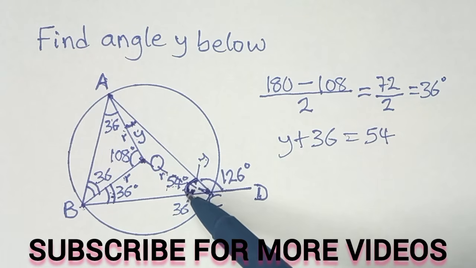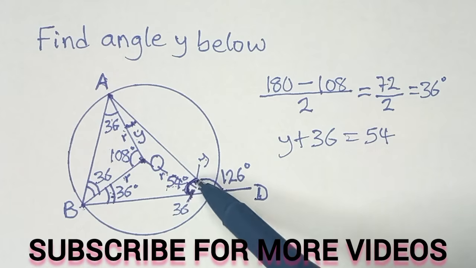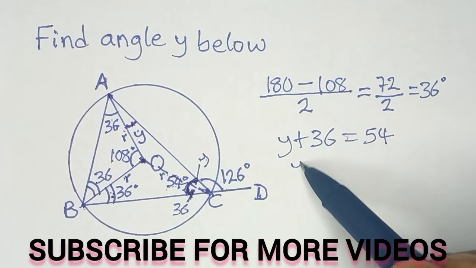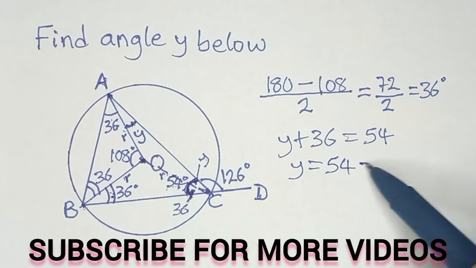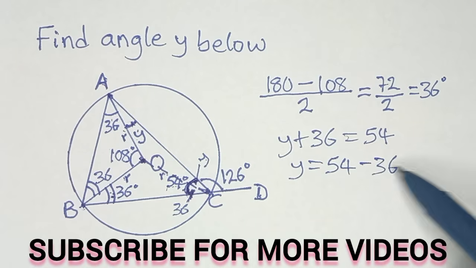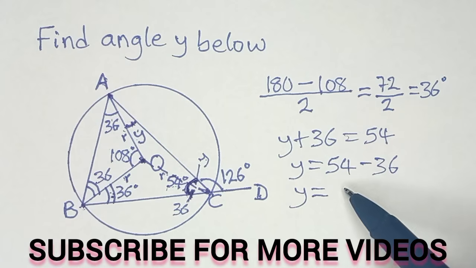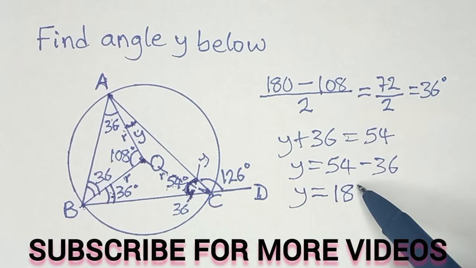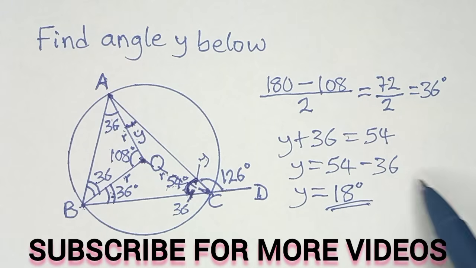And you can see how I proved it logically, because they are now adjacent base angles of isosceles triangles. So that finally we now have y is equal to 54 minus 36. And 54 minus 36 will give us 18 degrees. So the value of angle y is 18 degrees as the final answer.